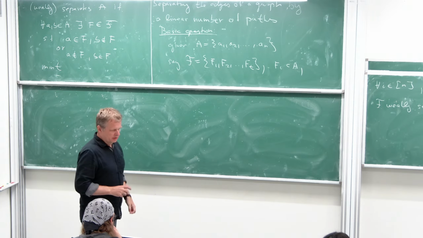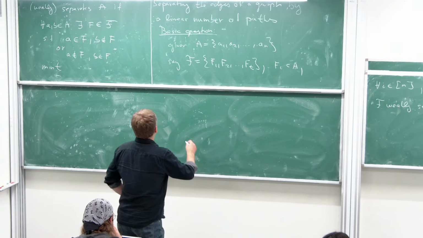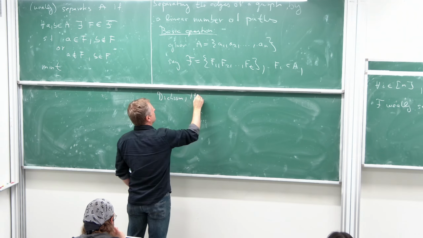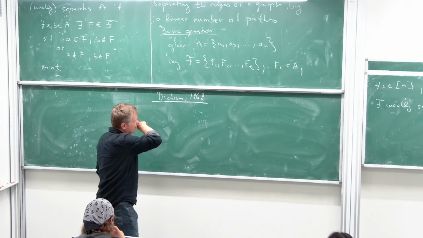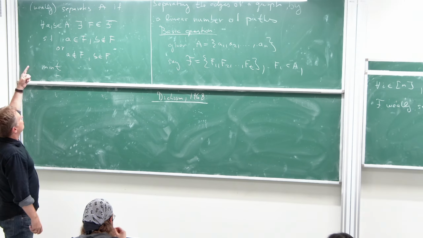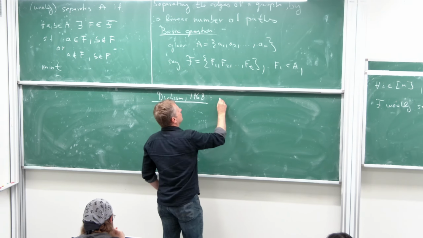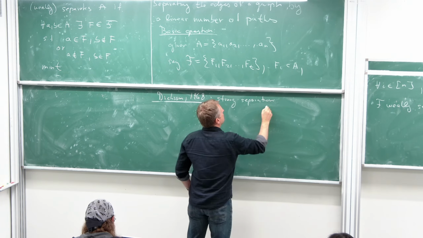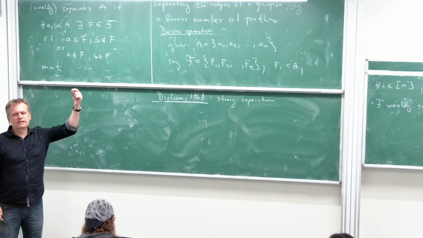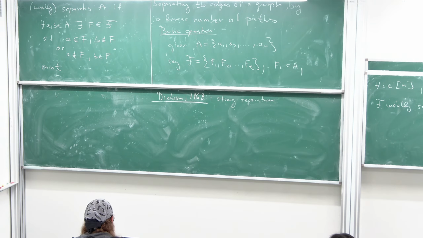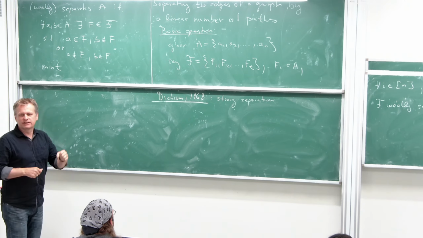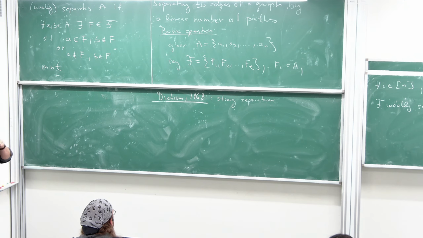Now, Dickson in '68 came with the concept of the strong separation. Here we just care to find one set that distinguishes between a and b, but you don't know which one is in and which one is not. So Dickson asks, what changes if I really ask for one F that separates a from b and the other one that separates b from a?